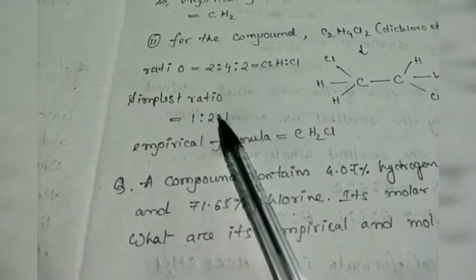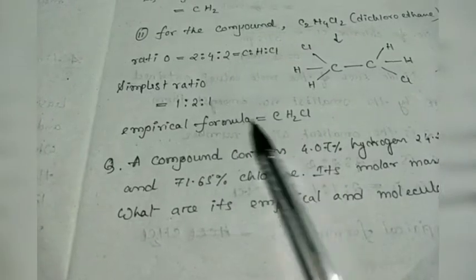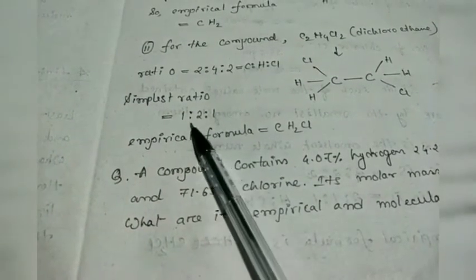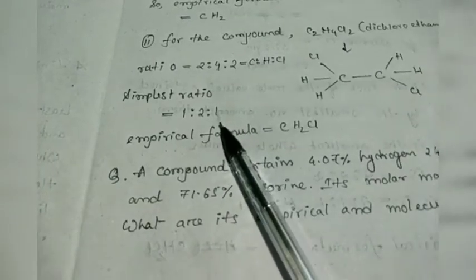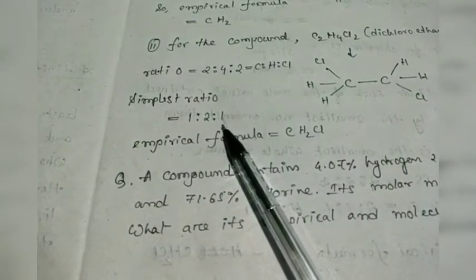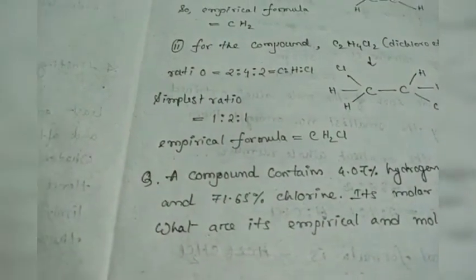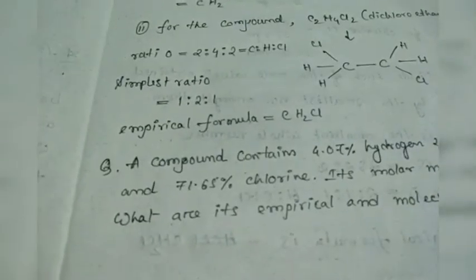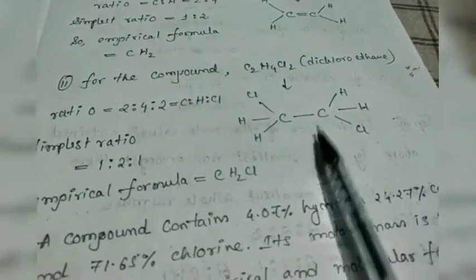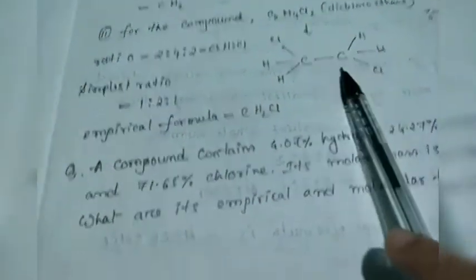This is the empirical formula ratio, the simplest ratio, and the empirical formula is CH2Cl. That means the number of carbon atoms is 1, hydrogen atoms is 2, and chlorine atoms is 1. Next, this is the structure of C2H4Cl2, the molecular formula structure.